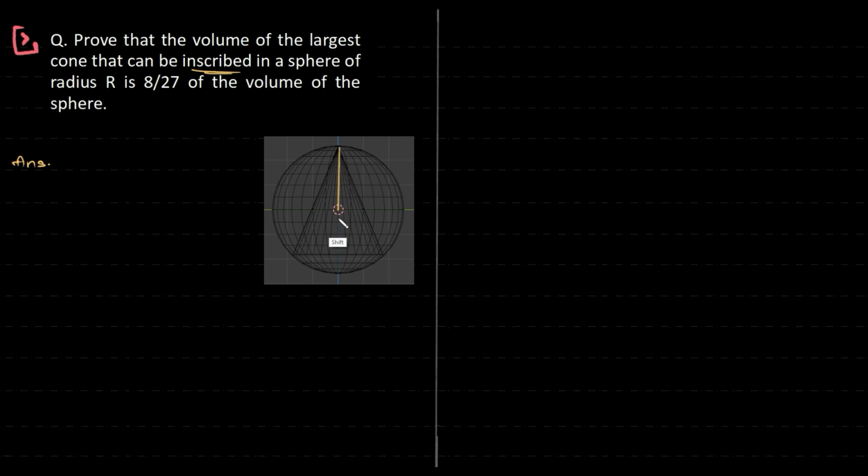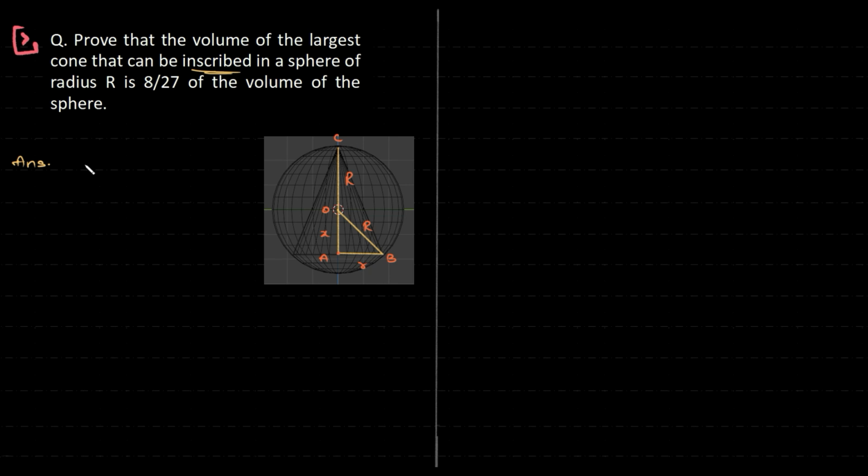So this is the center of the sphere, this is your radius of the cone, and this is the extra length from O to A, B and C. OA is x, AB is r, OB is capital R and OC is capital R, indicating the radius of the sphere.